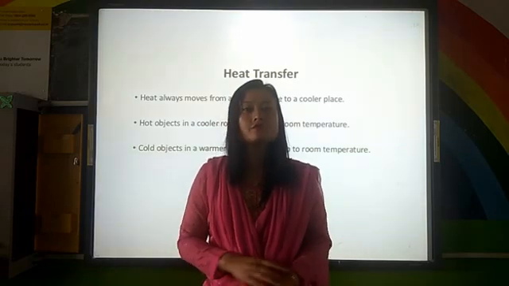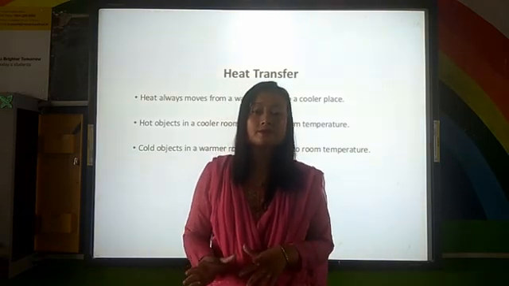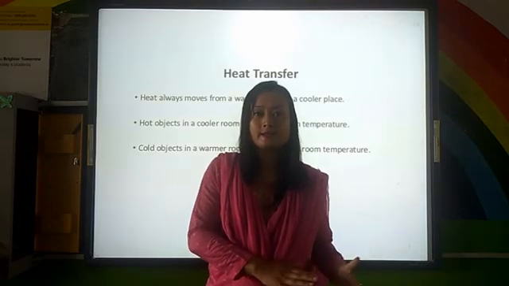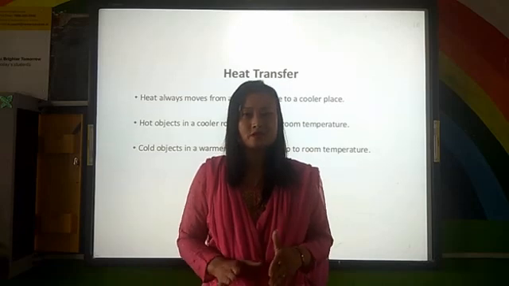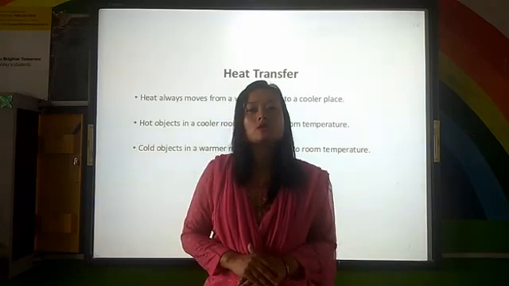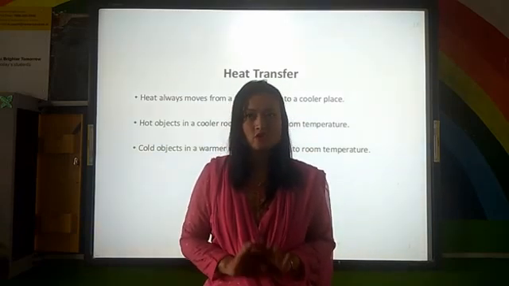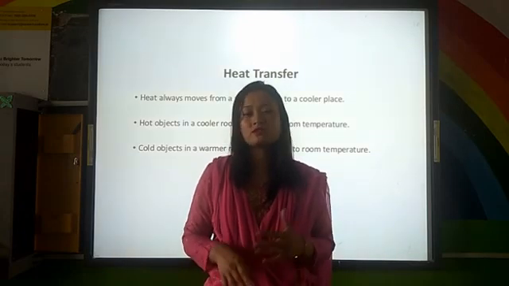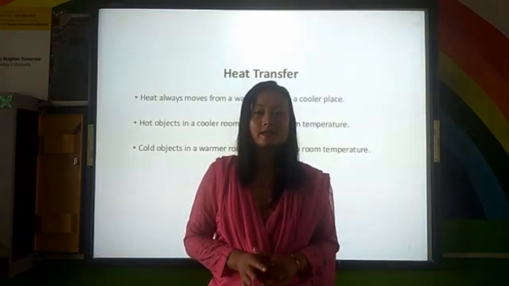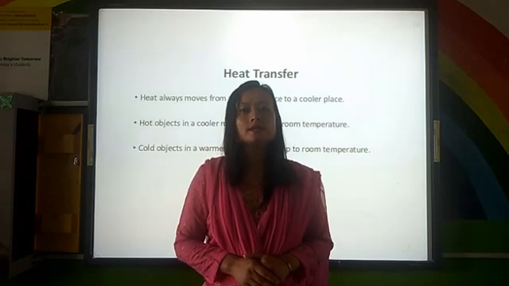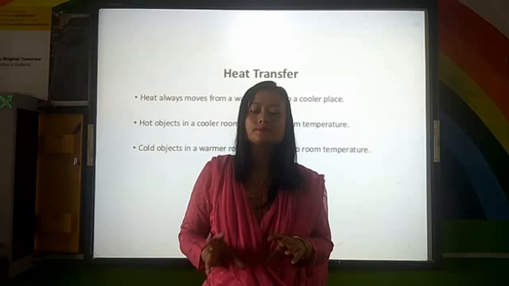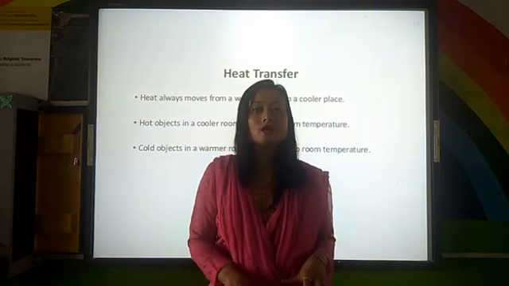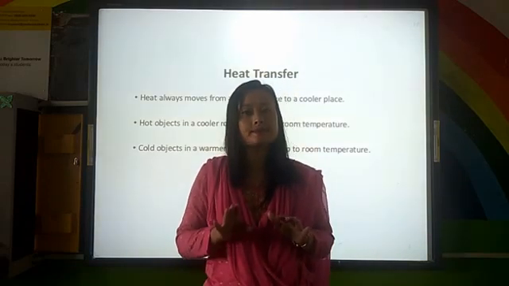Okay, so heat always flows from a body at a higher temperature to a body at lower temperature till both the bodies attain the same temperature, and that is called thermal equilibrium, which you have studied in class 7. So we are just revising it. Okay, that is called thermal equilibrium, when the heat transfers from a hotter body to a colder body till both the bodies attain the same temperature.